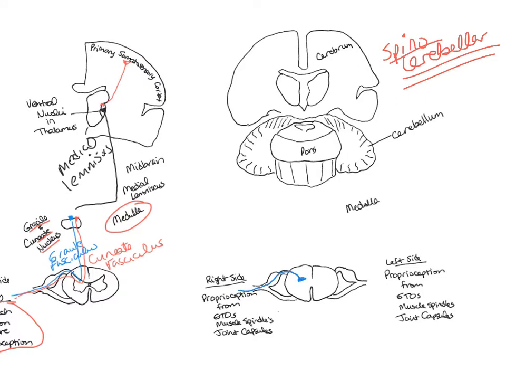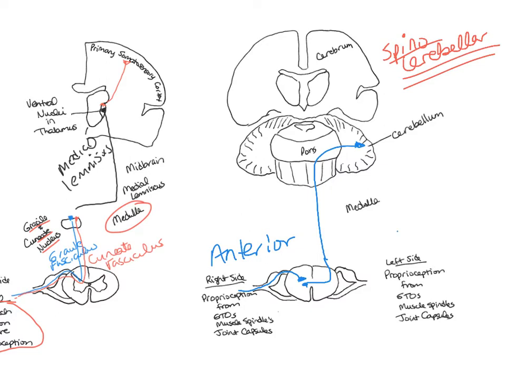It's going to synapse onto the second order neuron, and then it's going to cross over, and then it's going to go all the way up into the cerebellum.